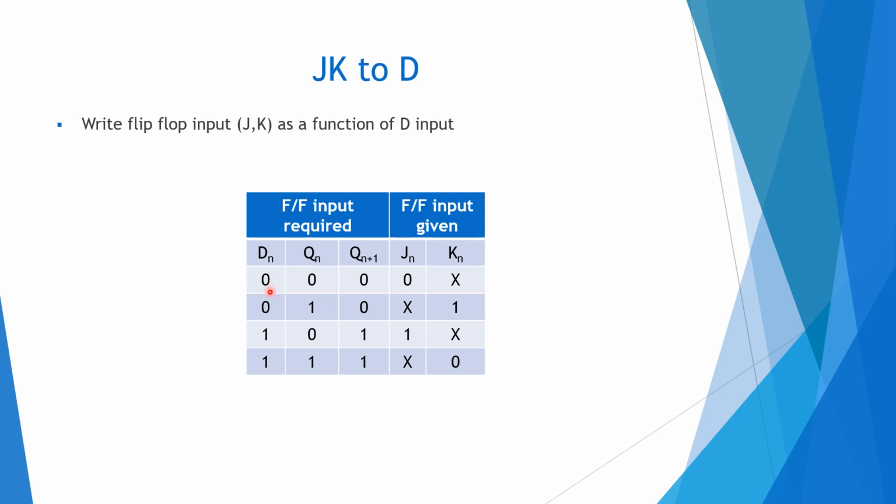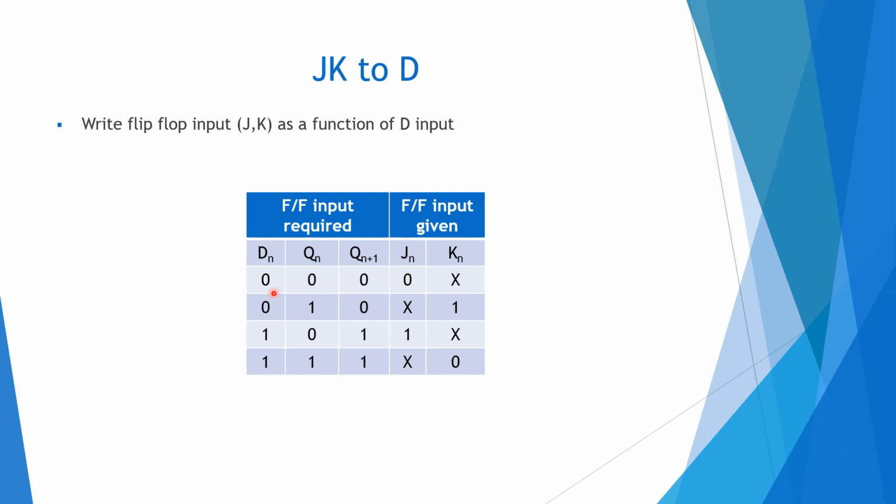So when Dn equals 0, Qn+1 equals 0. Here we have to write the function of Jn and Kn. So we will have a combinational circuit with two outputs, that is Jn and Kn, from Dn and Qn.